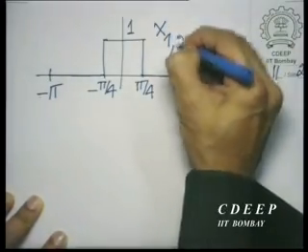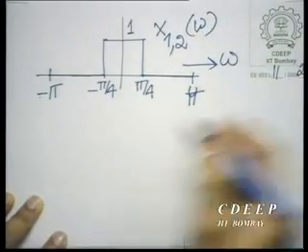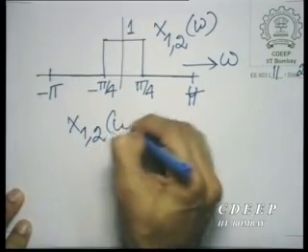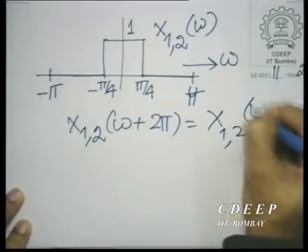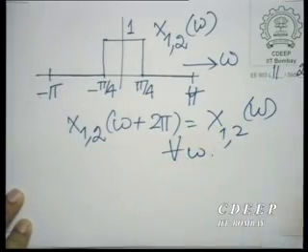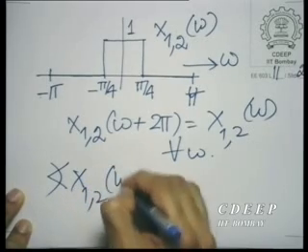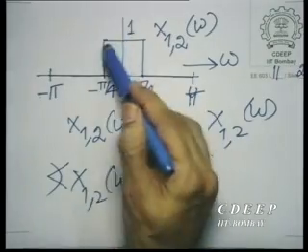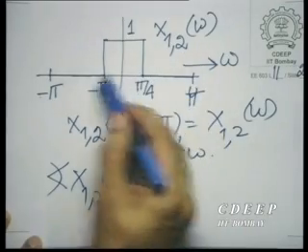So, in fact, let us take this to be both X1 and X2 of omega. Of course, X1 of omega plus 2 pi is equal to X1 of omega for all omega. And we will assume that angle of X1 of omega is equal to 0. So, essentially it is 0 phase, and the magnitude is 1 between minus pi by 4 and plus pi by 4, 0 outside.